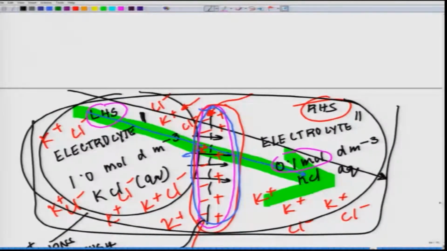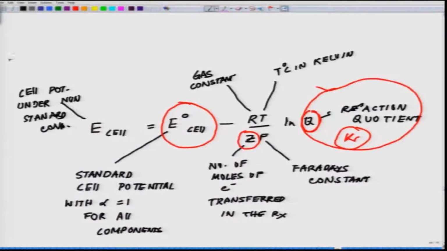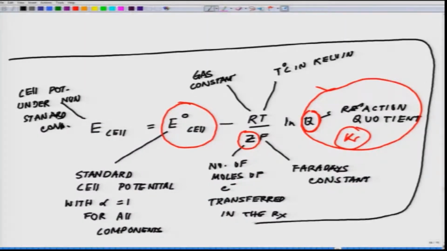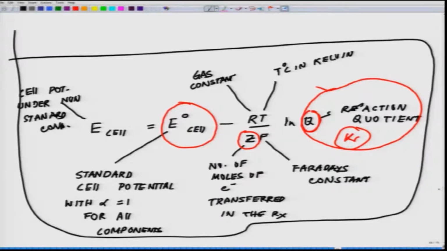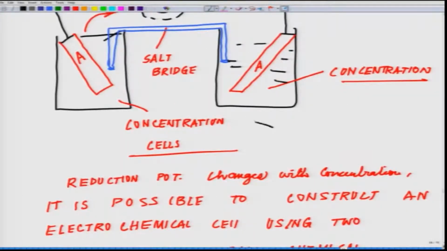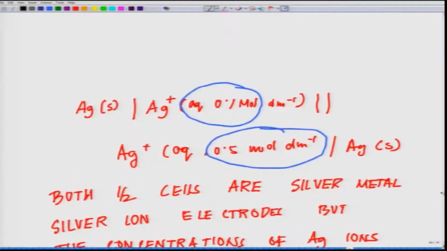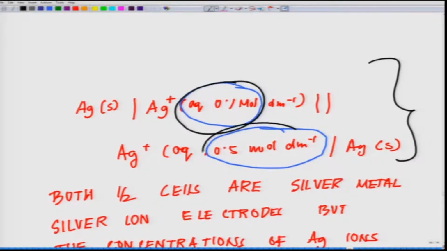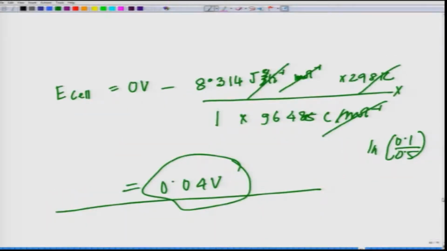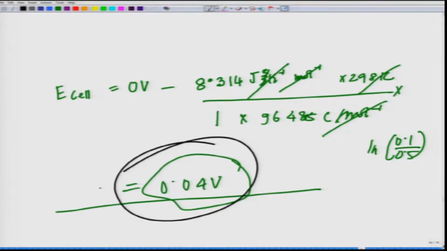So, you look at it, where we started on our 13th lecture. This is where we started, with that simple equation in front of us. From there, we moved on to the concentration cell, which was our first cut. From the concentration cell, we gave an example in an inorganic system where you have silver on both sides, in an aqueous environment with different concentrations. Then we made the calculation, and what we got was 0.04 volt.